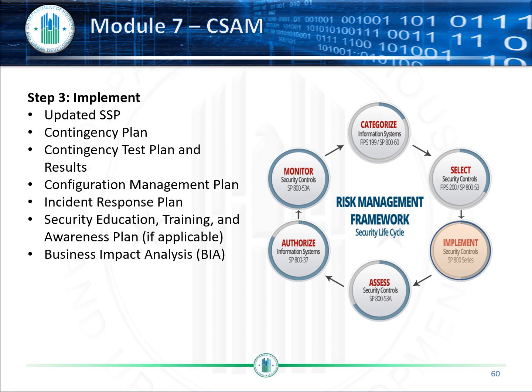These documents include an updated SSP, a contingency plan, a contingency test plan and results, a configuration management plan, an incident response plan, a security education training and awareness plan if applicable, and a business impact analysis or BIA.